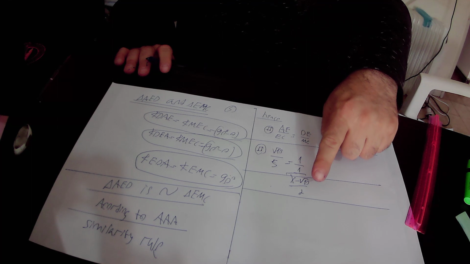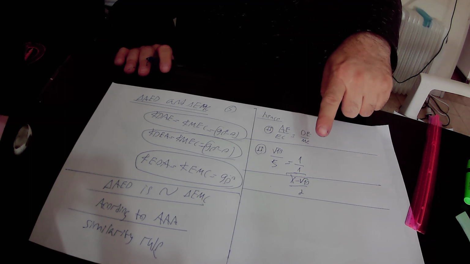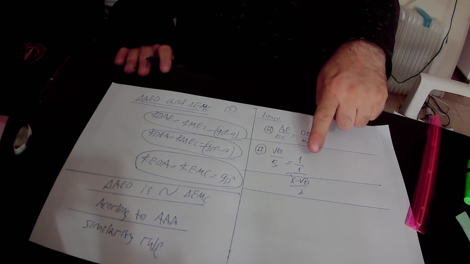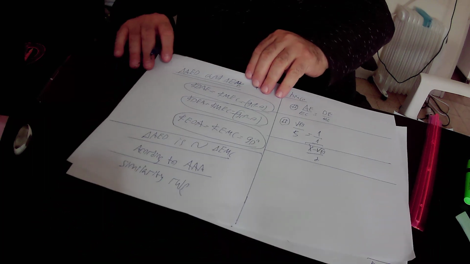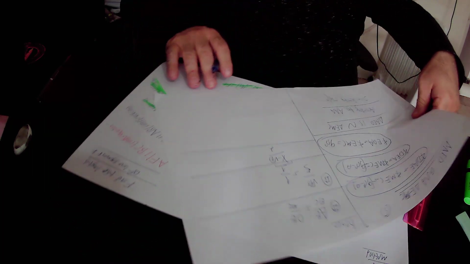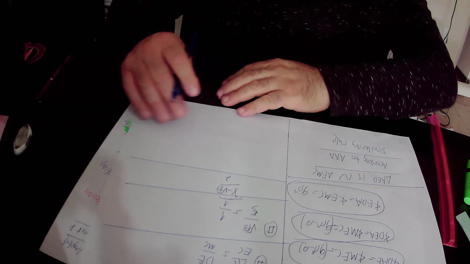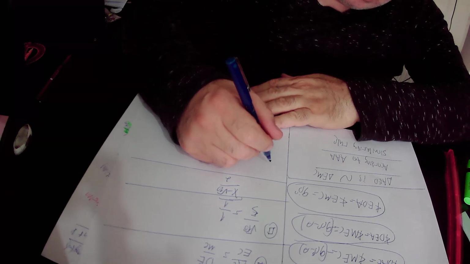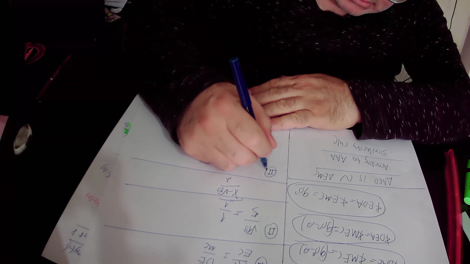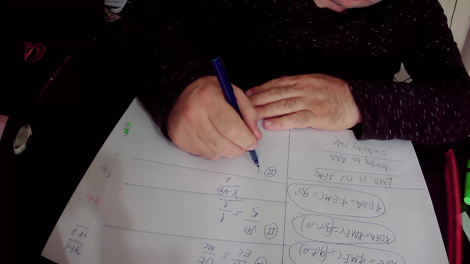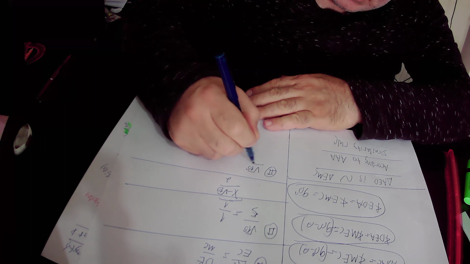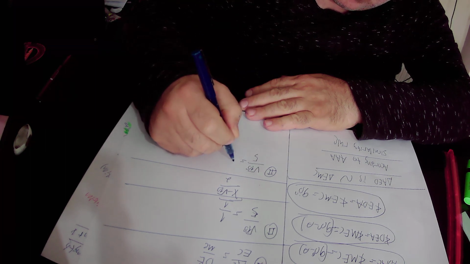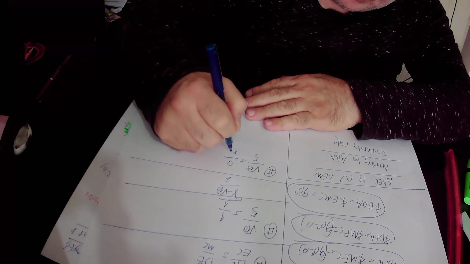Here we will move 2 to the numerator and x minus square root of 10 to the denominator, and we will get that according to equation number 2, square root of 10 over 5 equals 2 over x minus square root of 10.